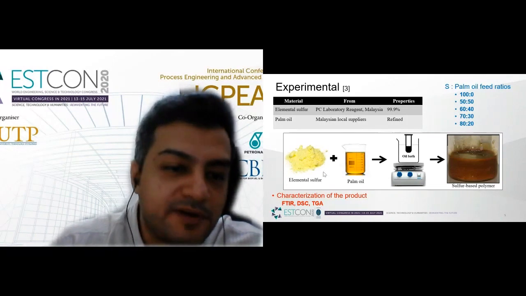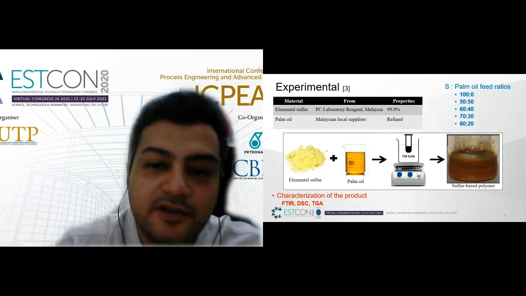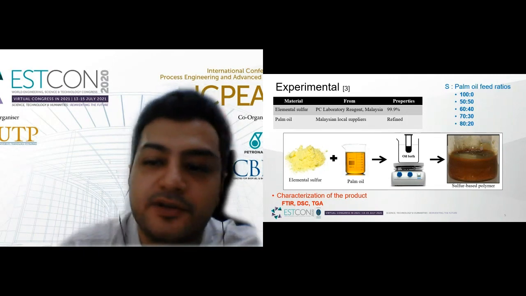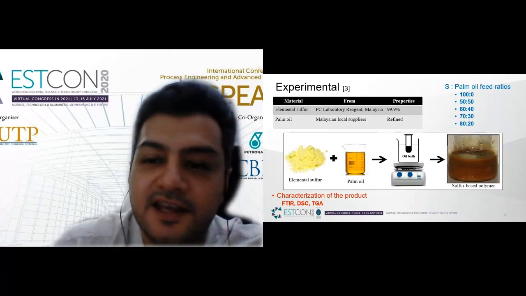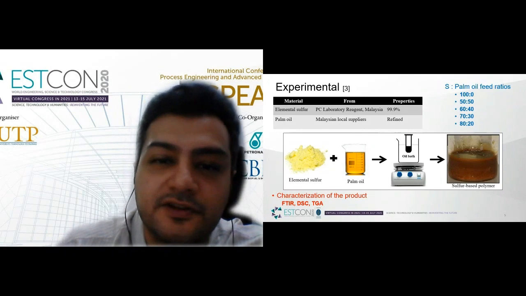To do the polymerization in each selected percent composition, elemental sulfur was first melted by continuous heating from room temperature to 170 degrees Celsius in a glass vial with a thermostatic oil bath and continuous stirring.